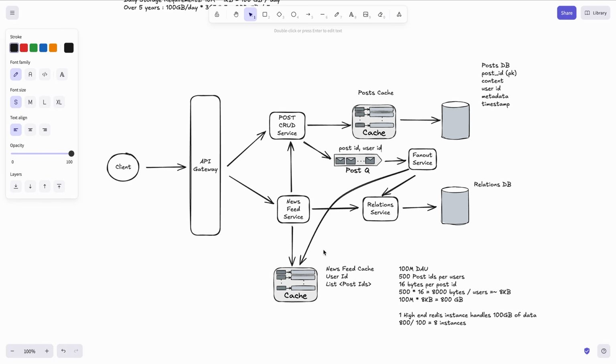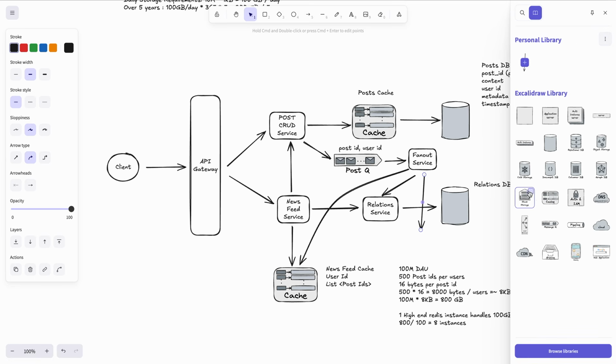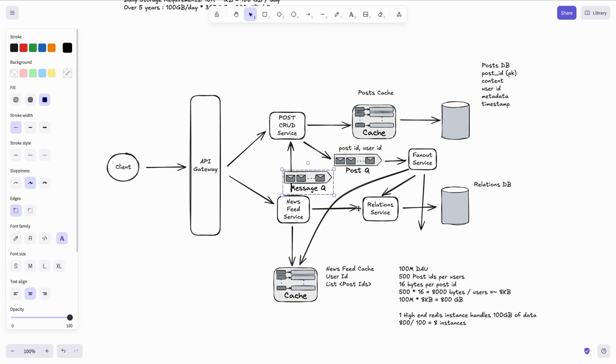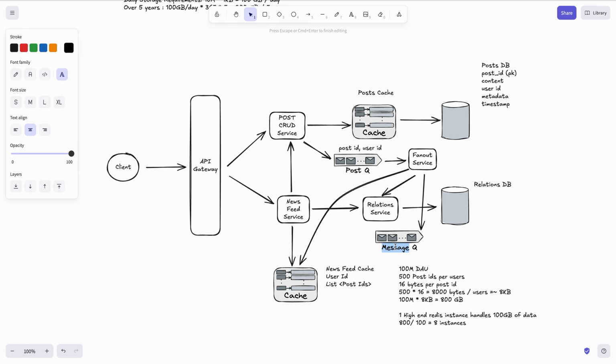So our fan out service can simply push these failed tasks, that is the follower ID and post ID, into another queue, and we can call it a retry queue.